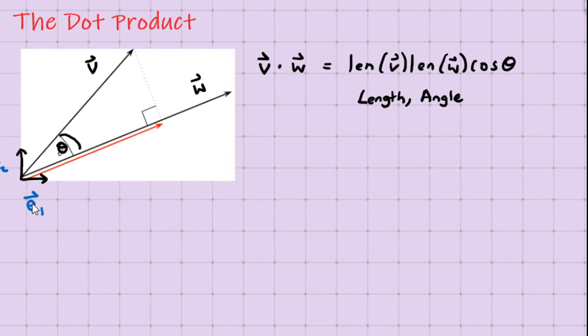But even though it's just e with an arrow and not a hat, it's still the unit vector along the x-axis and the unit vector along the y-axis, the normal familiar Cartesian basis. So I can take v and decompose it into components, we'll call v1 times our unit vectors, and w is w1 times e1 plus w2 times e2.